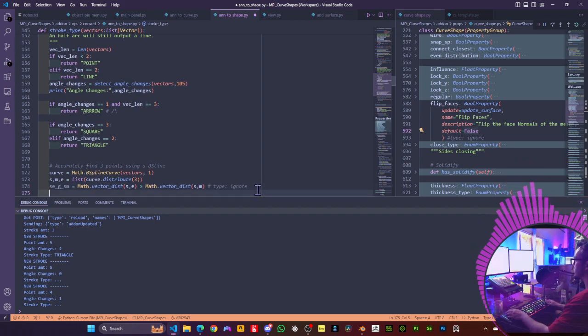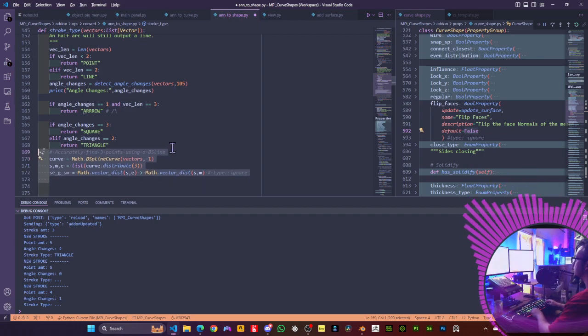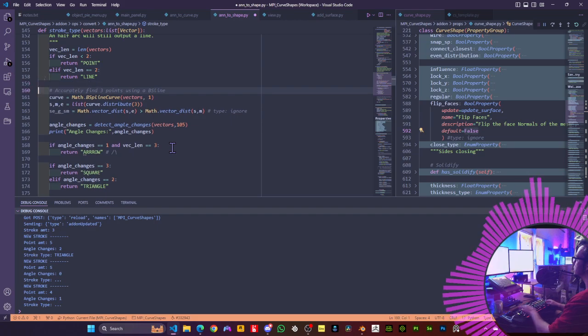So I'm going to need this around here. So if this is the case, it can't be, well, it can be a triangle. 1, 2 angle changes. Huh.